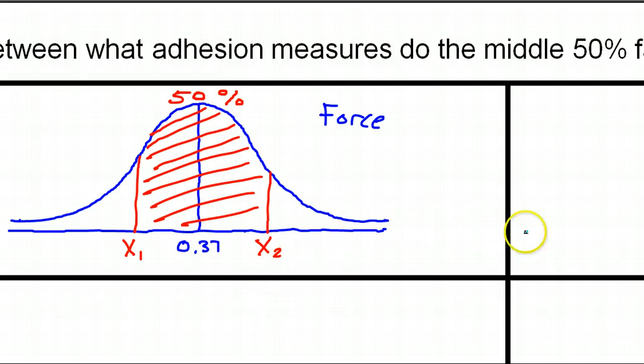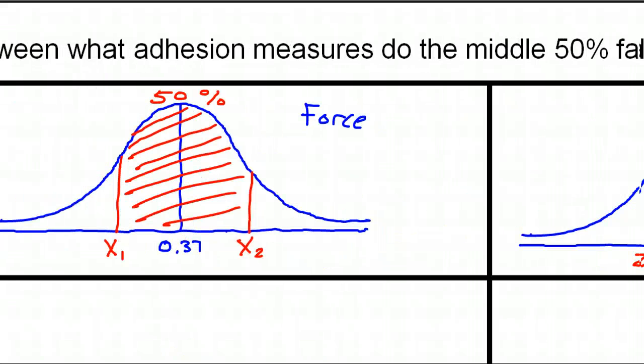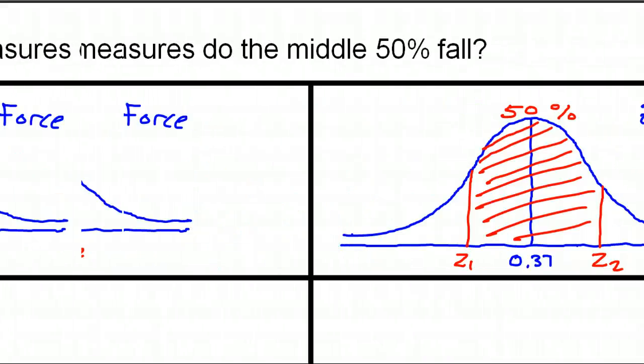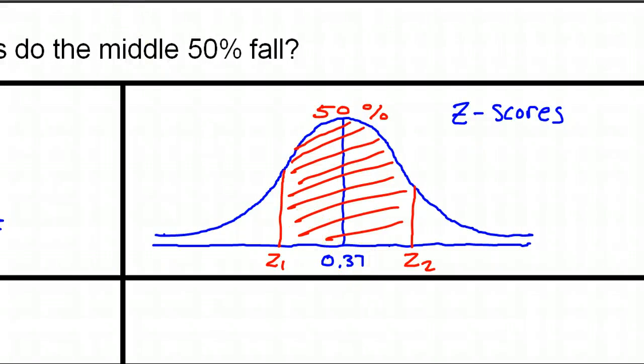Now let's go ahead and create the same picture for the z-score situation. Your z-score picture should look exactly the same, but instead of x's, there are z's. This shouldn't be 0.37 anymore. The middle z-score is always 0, because the mean z-score is always 0.